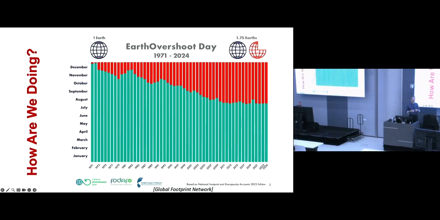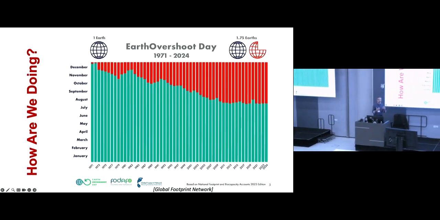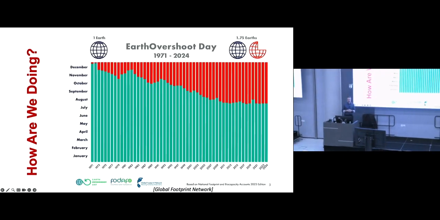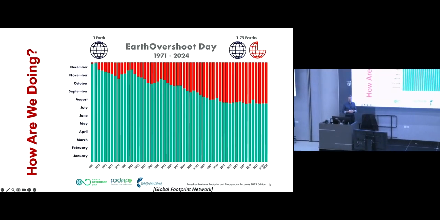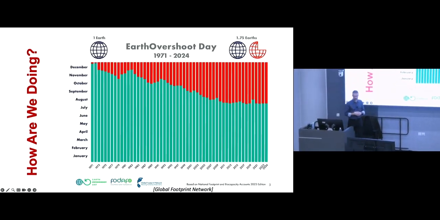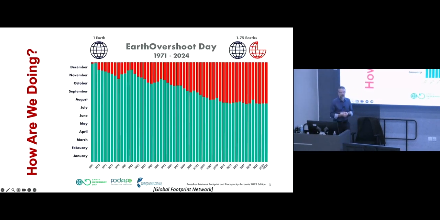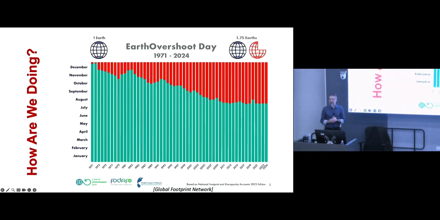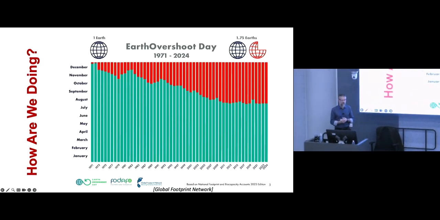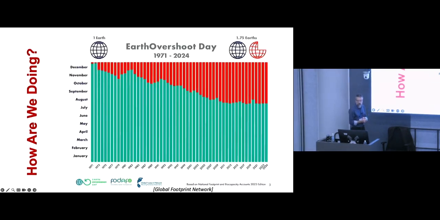So at that point in time, what we were consuming as humankind was sort of in line with what the Earth could reproduce. But over the decades, we've gone to a much worse situation. Today, it's around end of July, early August, when we are hitting this Earth Overshoot Day. So the amount of Earths that we would need with the current consumption would be 1.75 Earths. So clearly, we are in a bad shape.